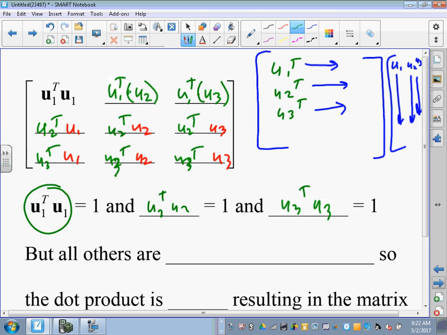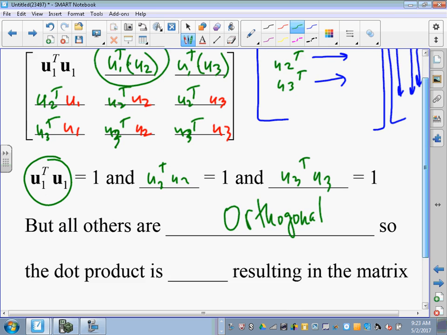But what happens when I multiply? What is this value right here going to be? It's exactly like finding the dot product. What's the dot product of U1 and U2 if they're orthonormal? 0, right? So everything else is going to be 0. And actually orthogonal.